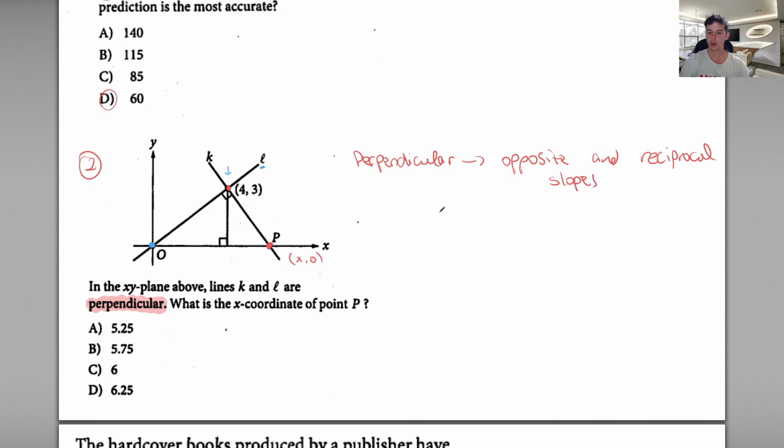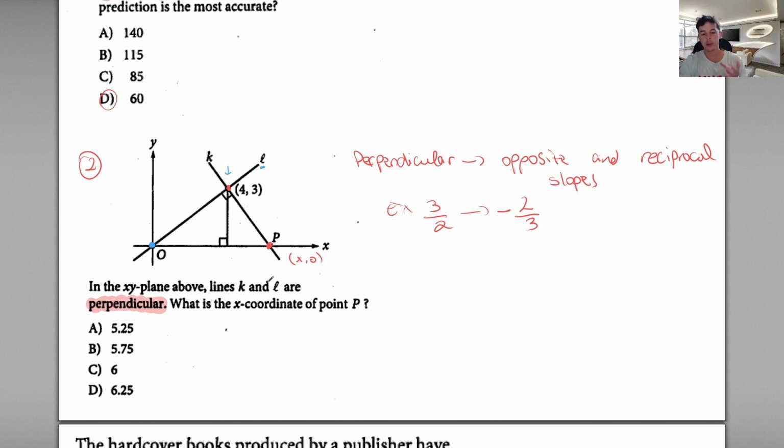Okay, so if you have a slope that's 3 over 2, the perpendicular slope to that one would be negative, because that's opposite, 2 over 3, because that's reciprocal. Okay, so this is an example of opposite and reciprocal.